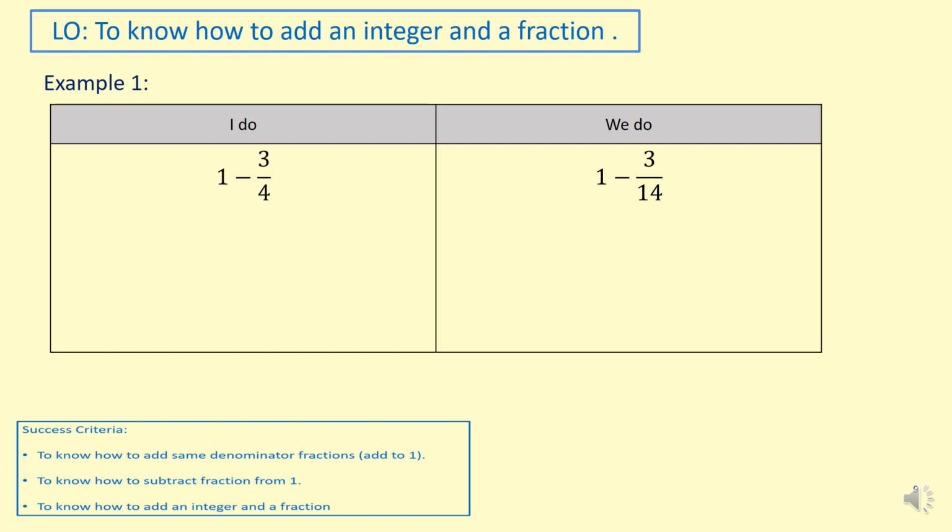Now that we know how two fractions add up to get to 1, let's see what happens if we're subtracting from 1. In the first question, you can see I have 1 take away a fraction. When I have this kind of question, I know what I can write instead of 1, because if I have a fraction with the numerator and denominator the same, I end up with 1.